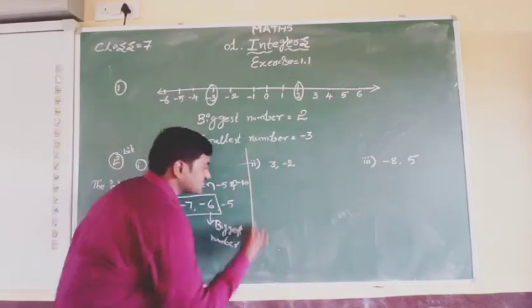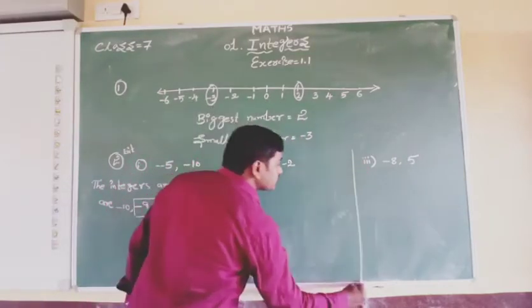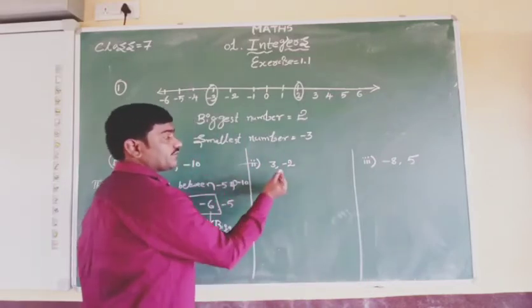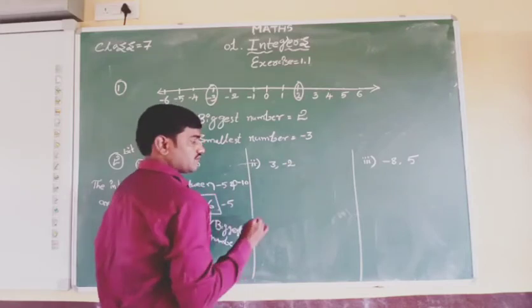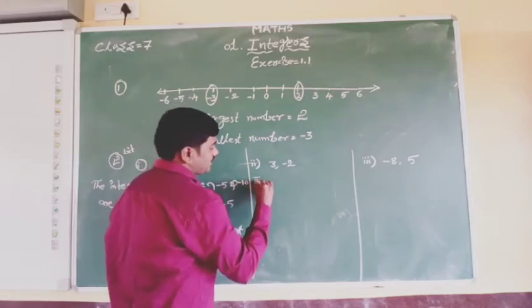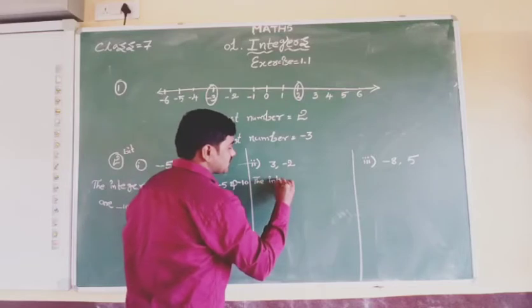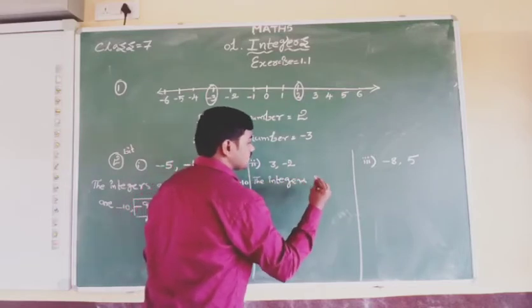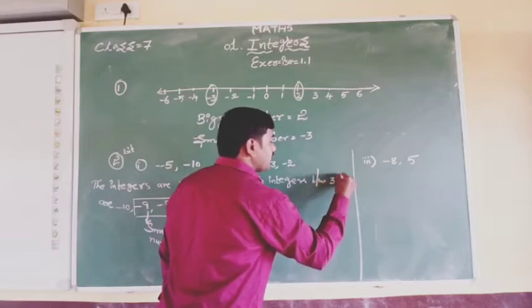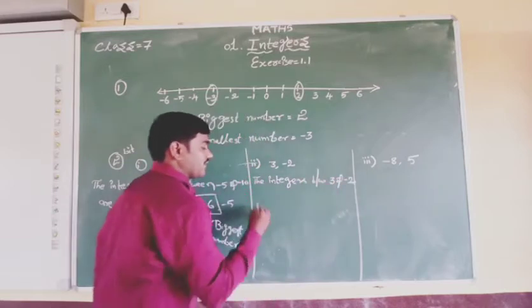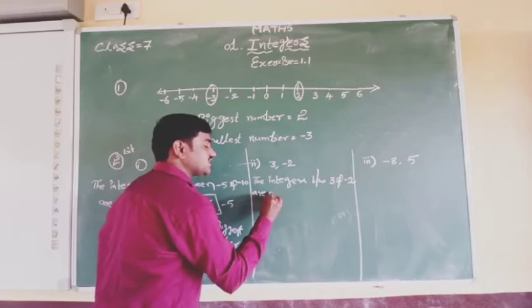So here is the second. Directly we write minus 2 and plus 3. The integers between 3 and minus 2 are, what are the integers here?